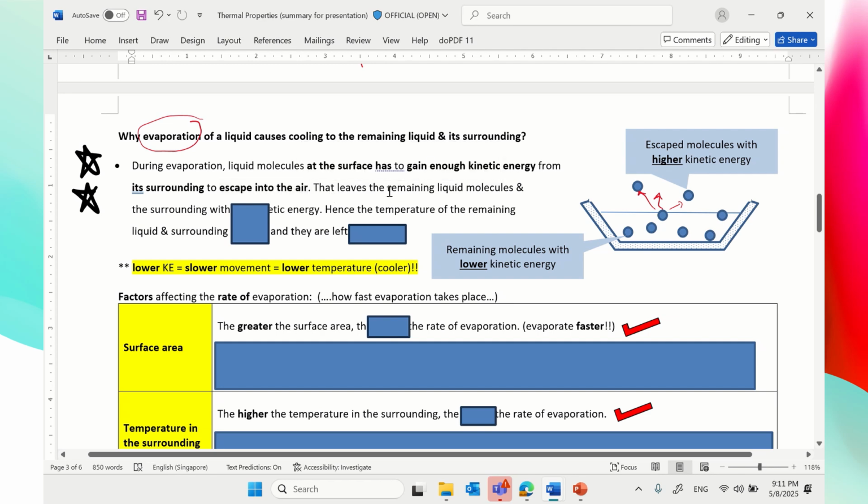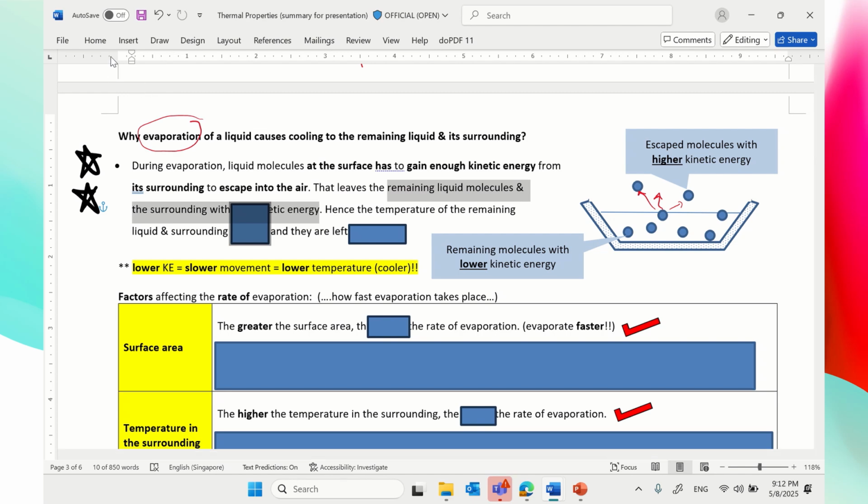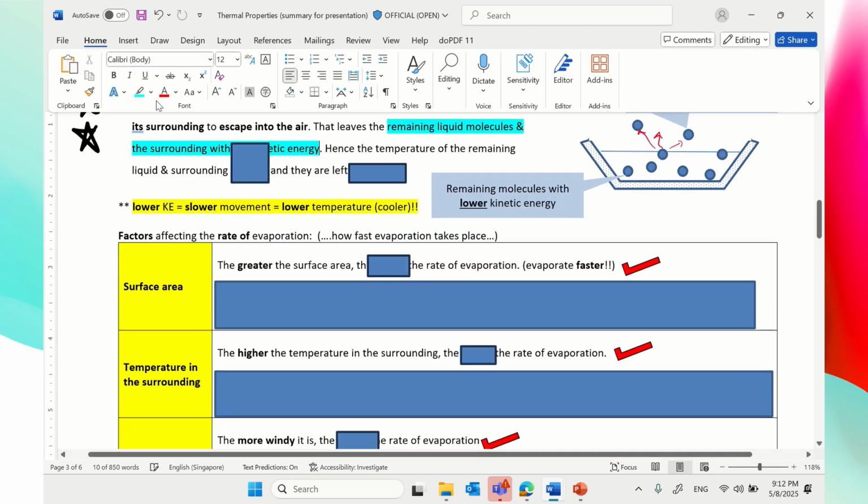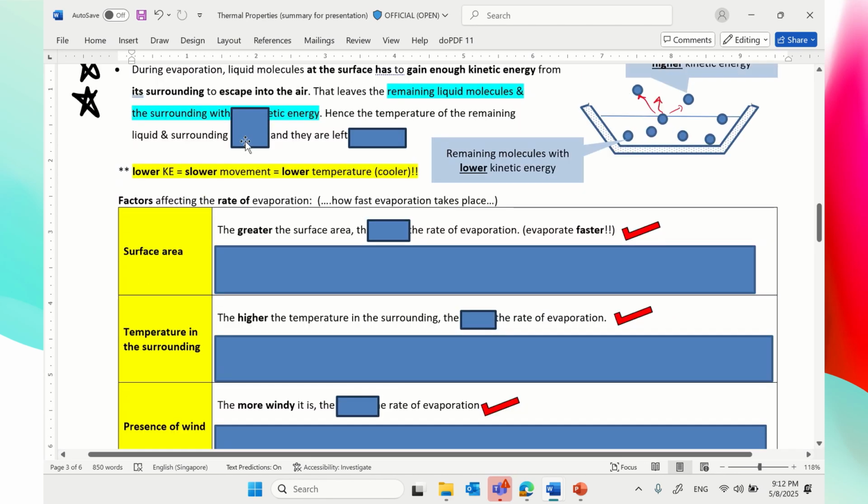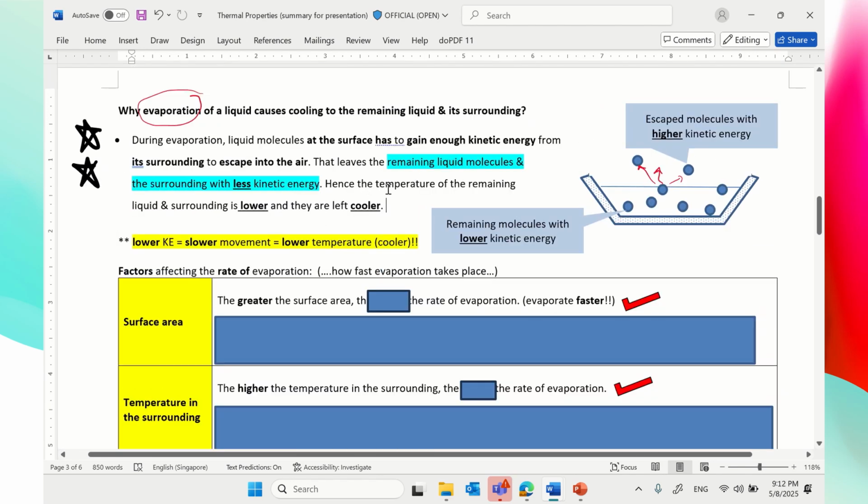That leaves the remaining molecules in the surrounding with lower kinetic energy, and hence the temperature of the remaining liquid and surrounding is lower, and they are left cooler. So this explains why during evaporation the temperature of the surrounding normally becomes cooler.